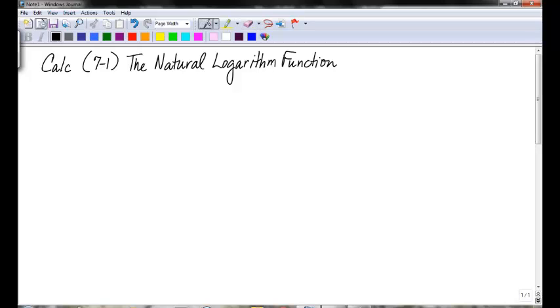Okay, first, what is a logarithm? It's just an exponent. Yep, if you forget everything else, remember that one statement. A logarithm is just an exponent. Okay.